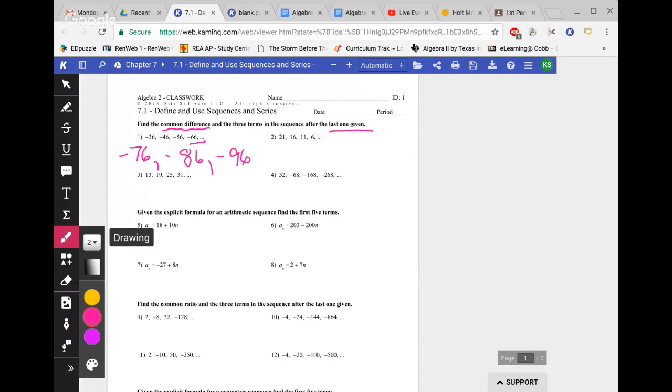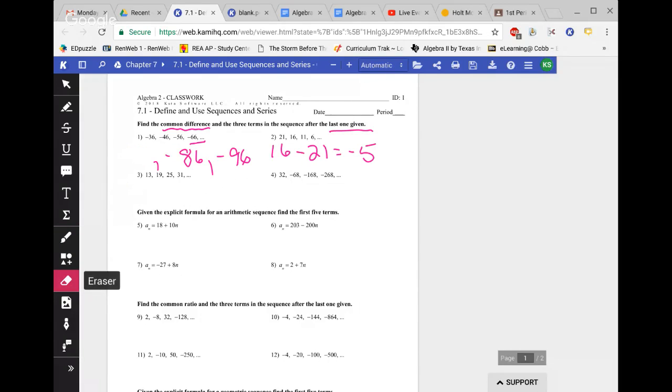Now, for number 2, the common difference, it looks like it's going down by 5. So just to be sure, 16 minus 21 equals negative 5. So that's the common difference for that one.